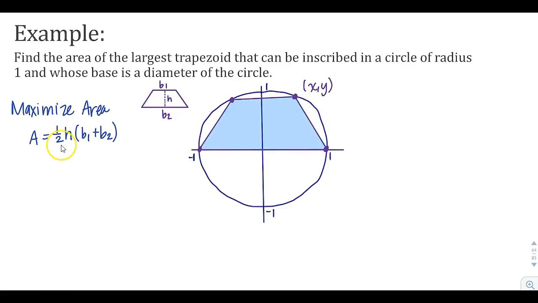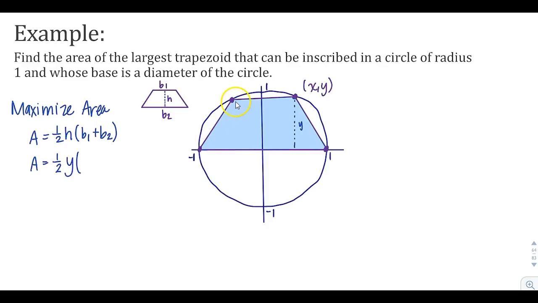The height of this trapezoid is given by the y coordinate of the point. That's how much I go up. So height is y, and I have so far that area is 1/2 y.